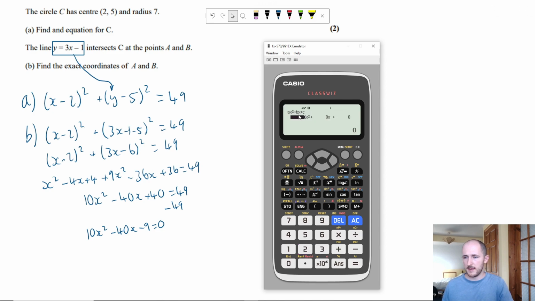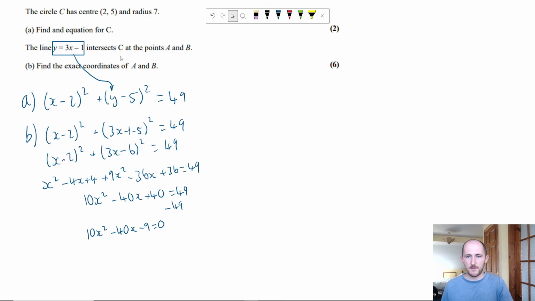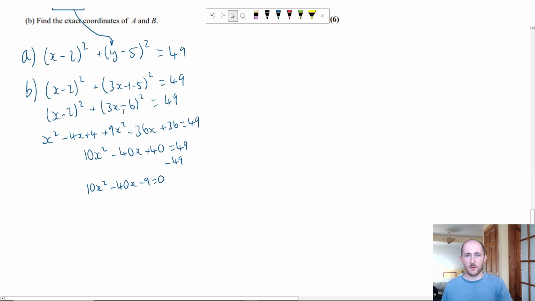So 2, then we sub in the numbers. So we have 10 equals, minus 40, whoops, equals, and minus 9 equals. We get 2 pretty disgusting numbers, but it says find the exact coordinates. That's a bit annoying because what that means is we need to give it in exact form. So essentially we have to leave it like this.